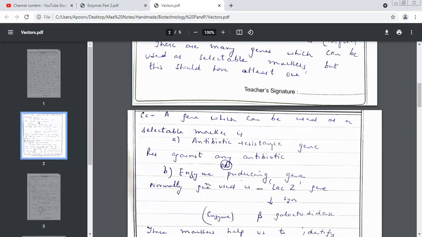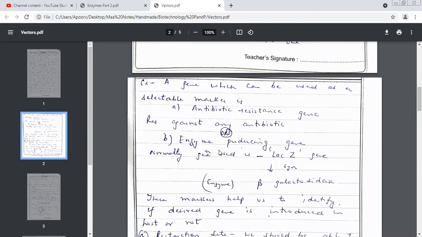How will you get to know? Supposing you put this gene into an organism, the organism will become resistant to antibiotics. Your organism will become resistant against any antibiotic. Or you take an enzyme producing gene.